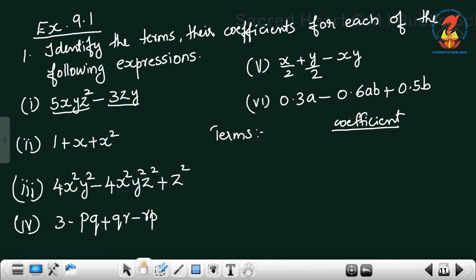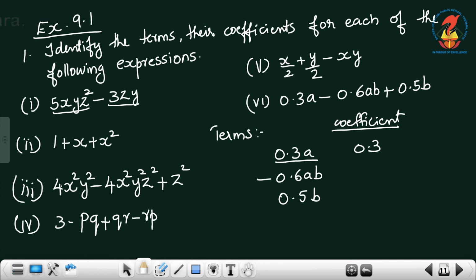Okay, next: 0.3a minus 0.6ab plus 0.5b. First term 0.3a, second term negative 0.6ab, third term 0.5b. What is the coefficient of the first term? 0.3 is the coefficient of 0.3a.